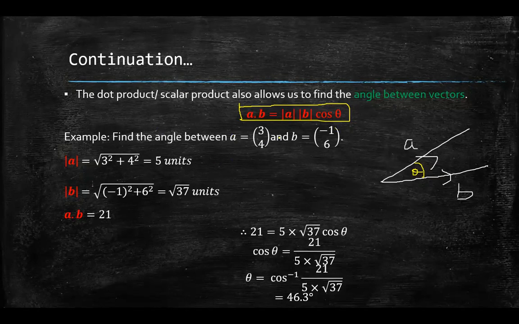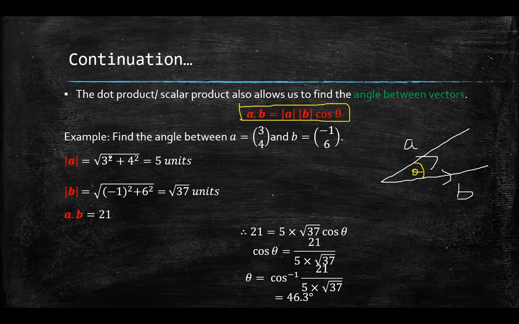So A is (3, 4), B is (minus 1, 6). In order to find the angle between the vectors, you apply this formula. So the dot product is equal to the modulus of A times the modulus of B times cosine of the angle. So the first thing you would do is find the modulus or the magnitude of both vectors.